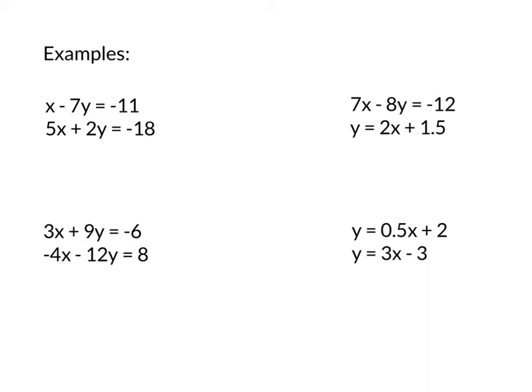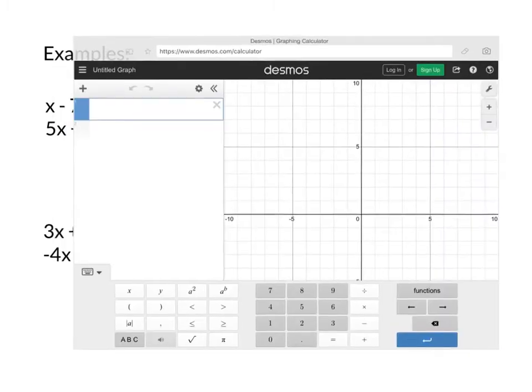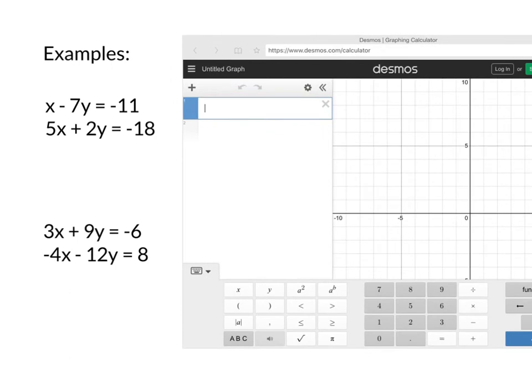So I'm going to pull up Desmos. And I'm going to start with this very first one. So if we're going to solve this, we're going to type that in the lines here. So the first equation goes in the first line, the second equation will go in the second line. And I'm just going to type it just like it is. X minus 7y equals negative 11.